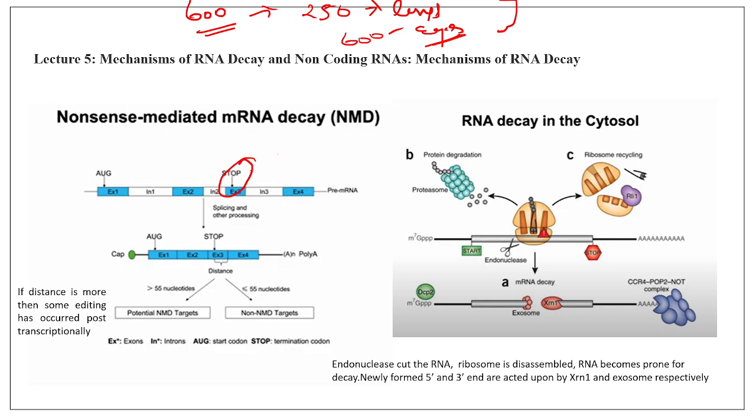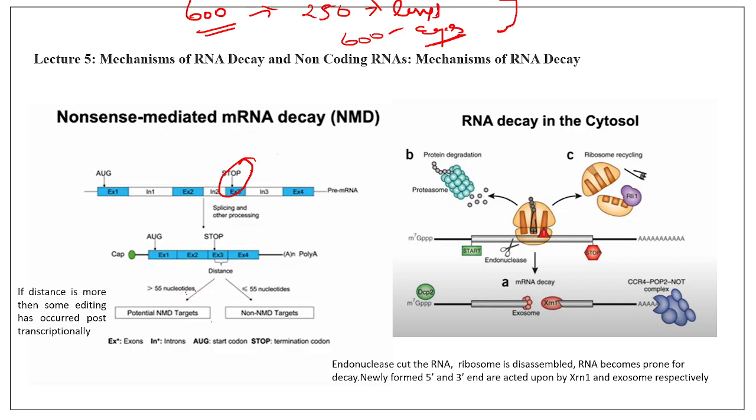Do you understand my point? It can be the case that a stop codon has been incorporated so that differential expression of a gene can take place. So how can you differentiate between these two kinds of stop codons? You can differentiate by the distance. If the distance of the stop codon from the exon junction is more than 55 nucleotides, this stop codon is not a default stop codon.